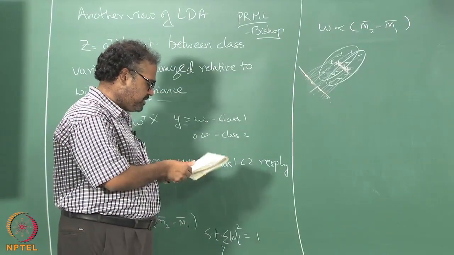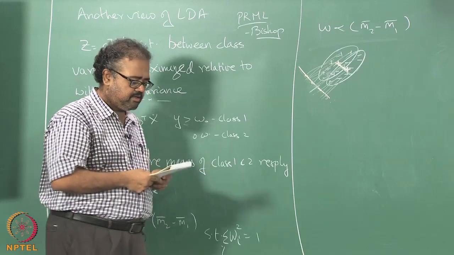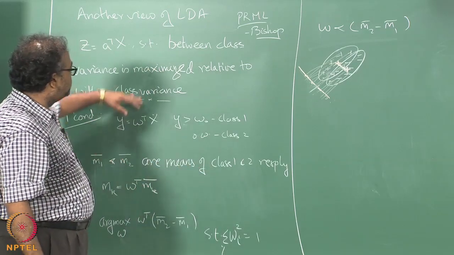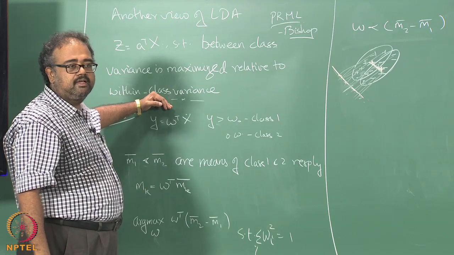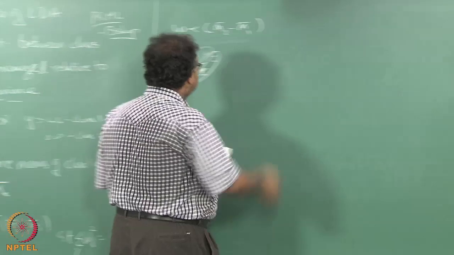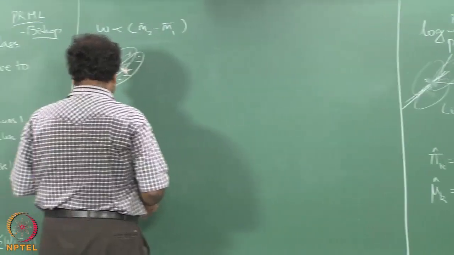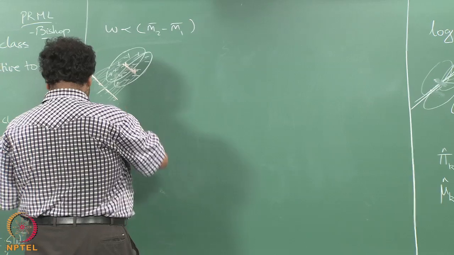Right, but then this is not what we are looking for, right? We are missing something important. What is that? The within class variance, right. This is the interclass variance. The within class variance is what we are missing. So what we will do now is start looking at that, right.